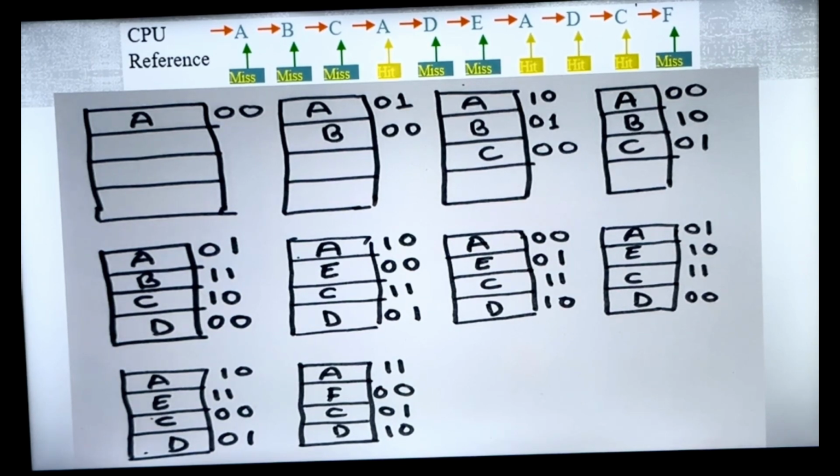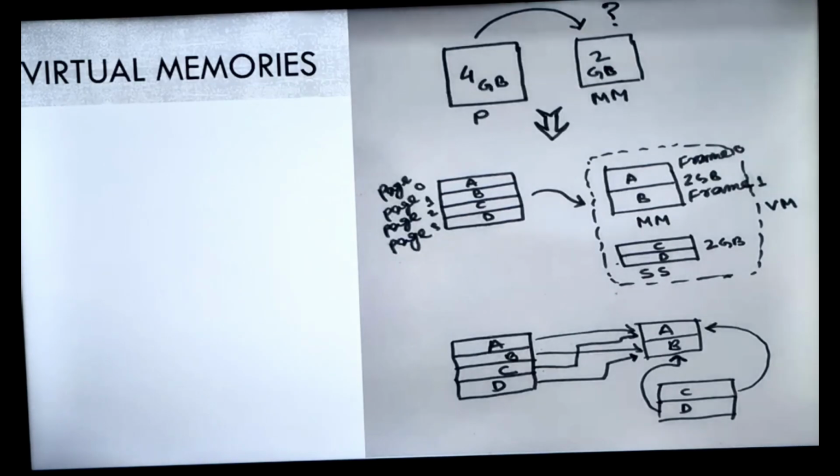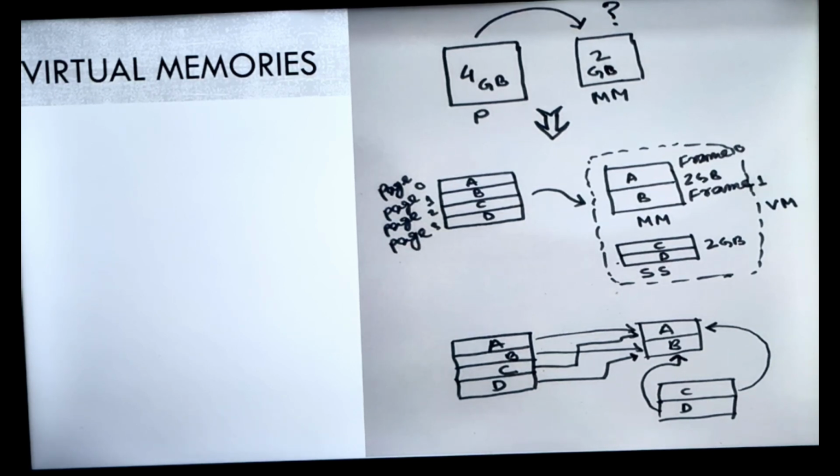Now we'll discuss a little bit about virtual memory. Now if I ask you, do you know about virtual memory or any idea about virtual memory? Yes. Let me take a very small example for this. Suppose you want to play a game, maybe Free Fire, and the game size is say 6 GB.